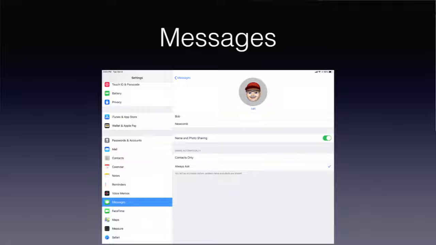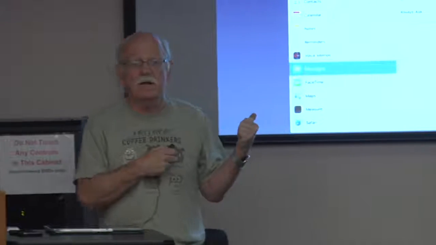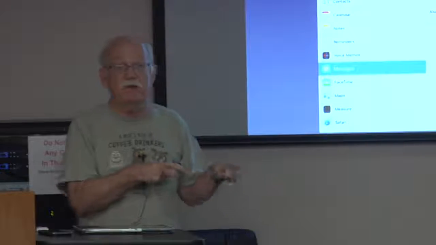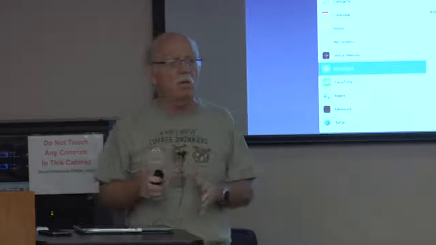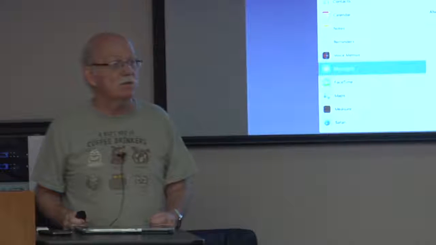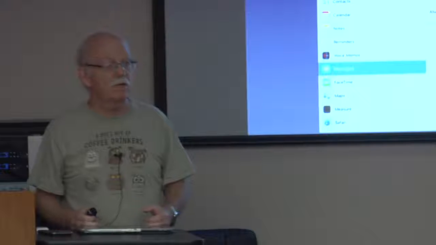If I go name and photo sharing is turned on, if I message you, this will be available to you. If you've got me in your contact list, it uses the contact list. But if you don't have me in the contact list, it uses what I'm sharing. So that's only on messaging. If you message someone with an Android, it will not work. Only if you're sending it to an Apple person.